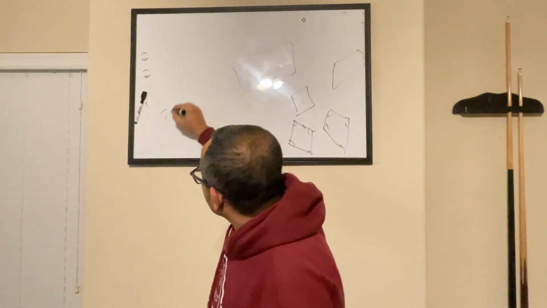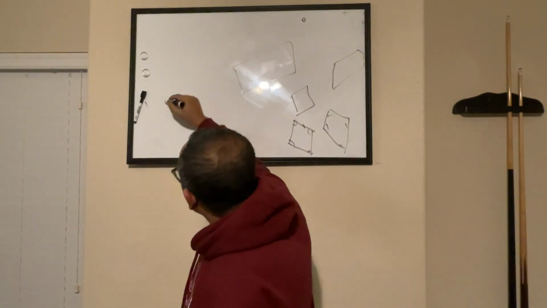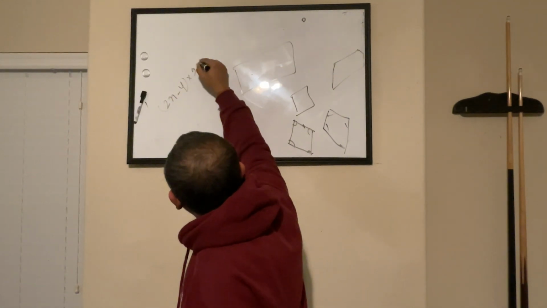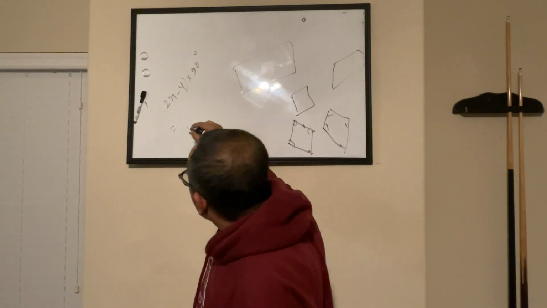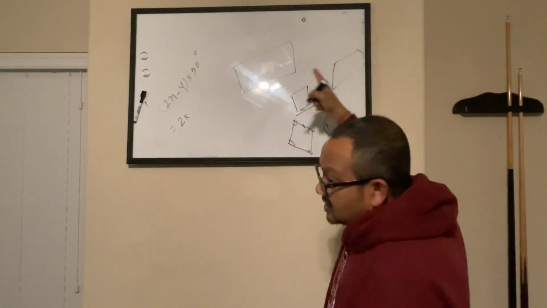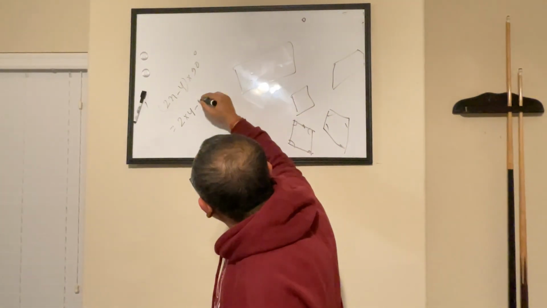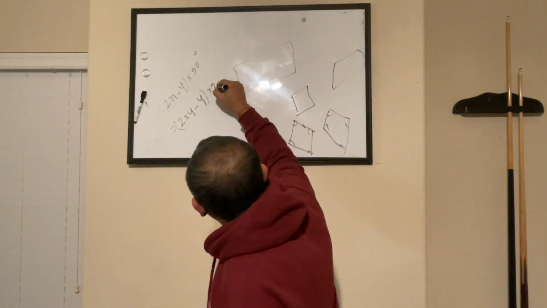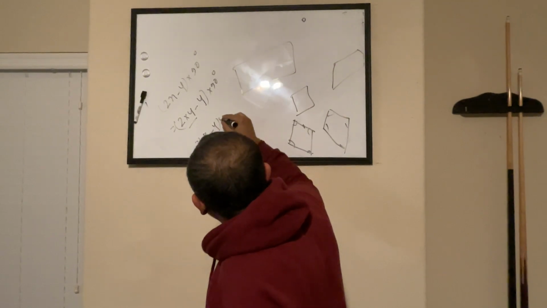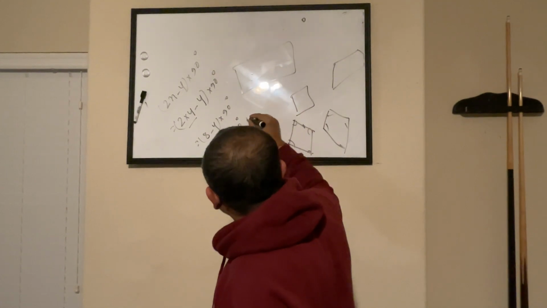We'll use the same formula: sum of all the angles of a polygon is 2n minus 4 into 90 degrees. Here n is the number of sides. Here we talk about a quadrilateral, be it a square, rectangle, trapezium or rhombus: 2 into 4 minus 4, into 90 degrees. 2 into 4 is 8, minus 4 is 4, into 90 degrees equals 360.